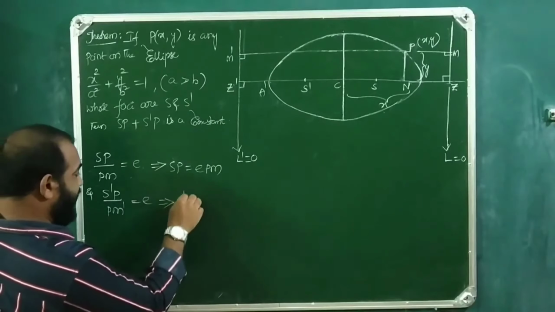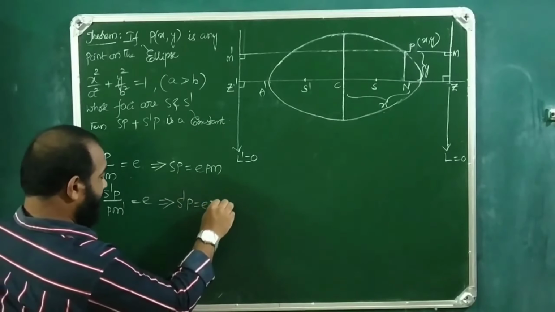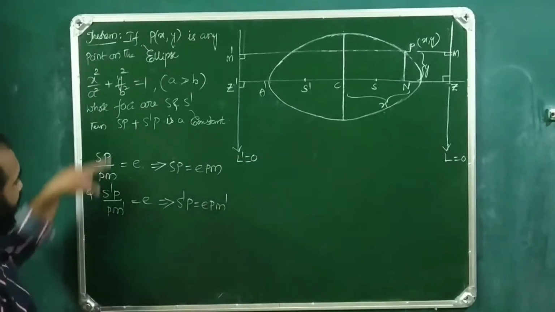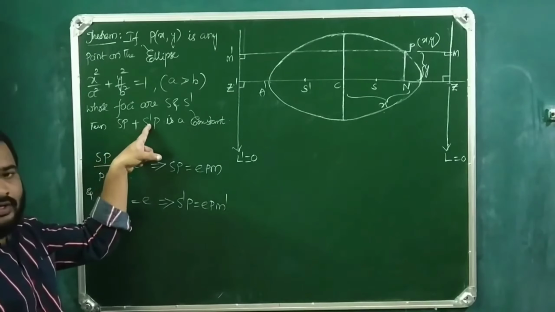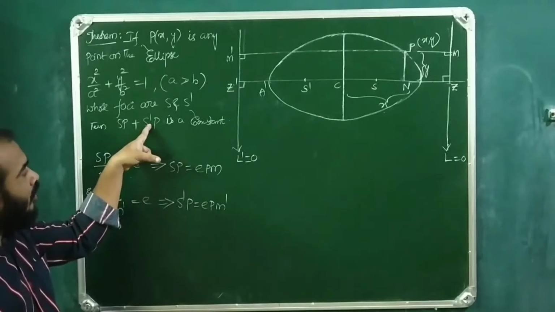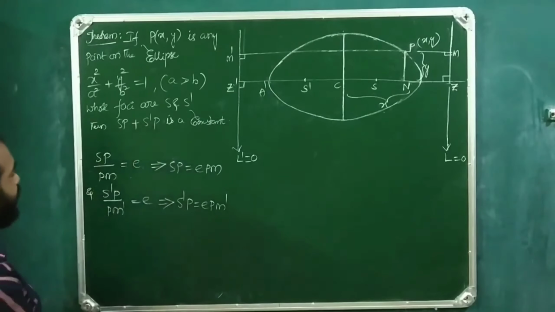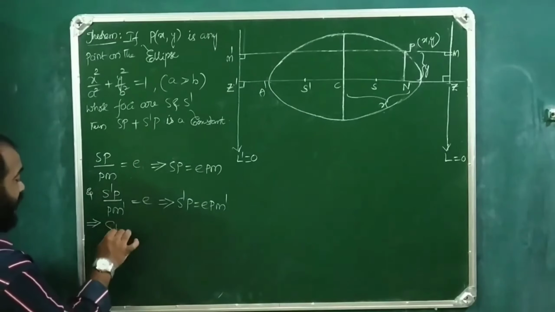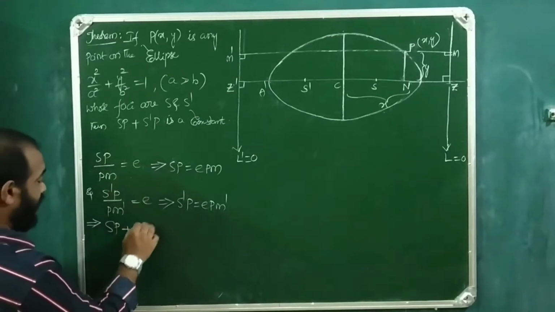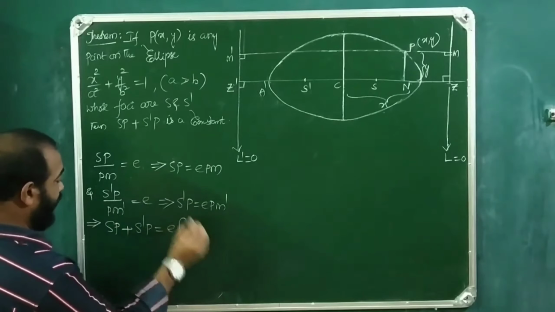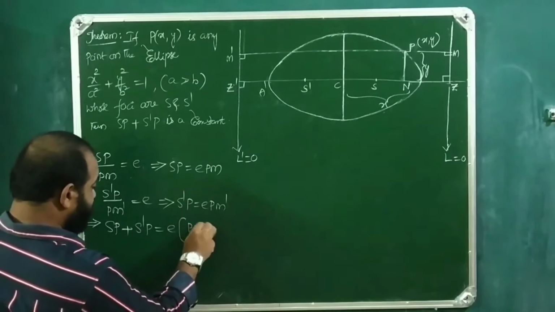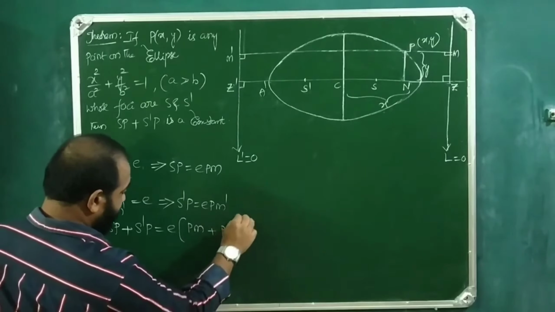So S dash P is equal to e PM dash. Now SP plus S dash P is what we have to obtain. This is SP plus S dash P equals e into PM plus PM dash.